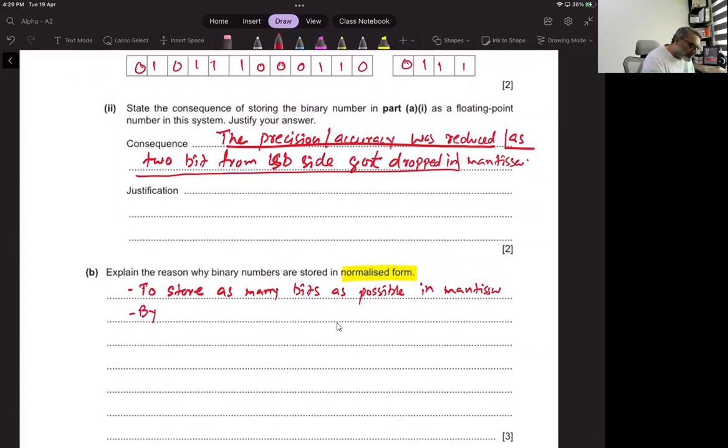by removing any consecutive leading zeros on the most significant bit side, and adjusting exponent accordingly.